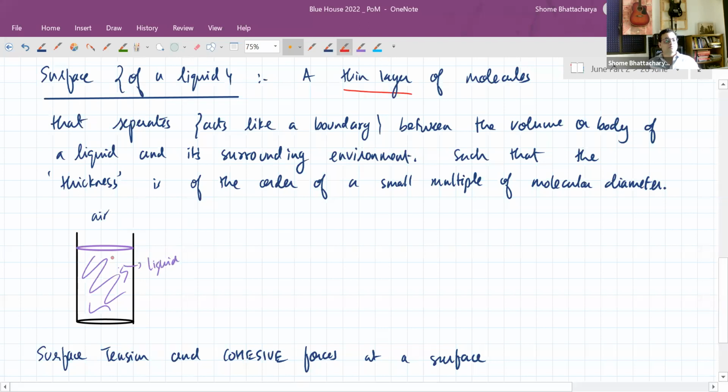So even though it's the same species chemically as the volume of the liquid, the same molecules are present at the surface. But because of the nature of cohesive forces at the surface, we'll see that the surface itself acts like a thin boundary layer which is elastic in nature.